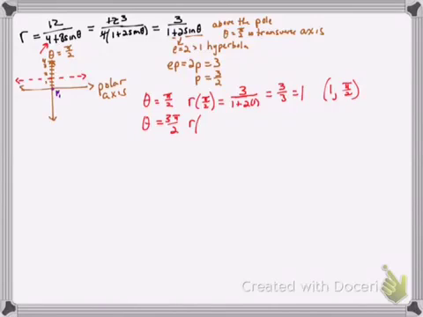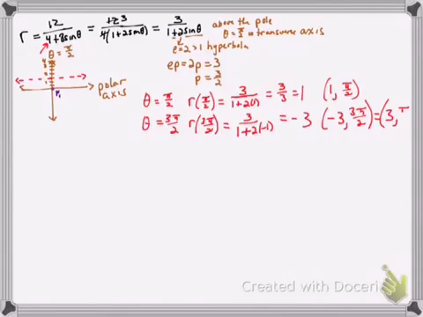We plug that in, and of course, sine of that will be -1. So that's 3 over -1, which is -3. So that vertex is going to be -3, 3 pi over 2. If you remember back when we started doing polar coordinates, this is actually the same thing as 3, 3 pi over 2. We have it just going in the opposite direction, but it ends up at the same point.